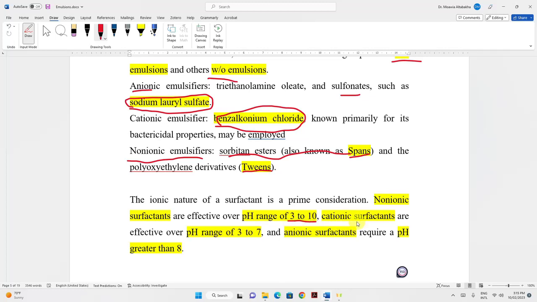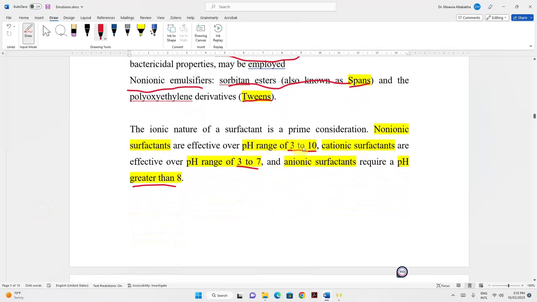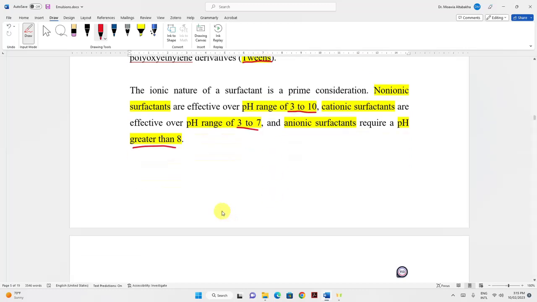Cationic surfactants, as I said, like benzalkonium chloride, work from pH 3 to 7. And anionic surfactants will work at a more basic pH.